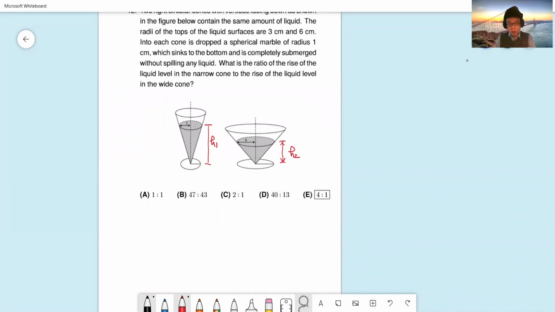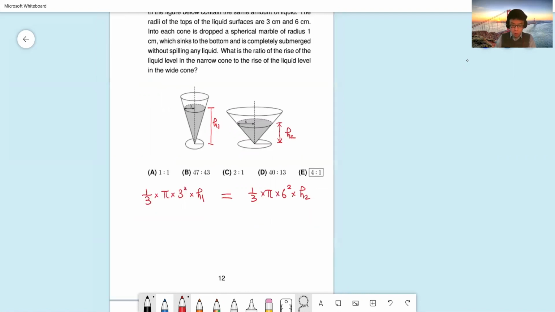Because they have the same volume, let's express the volume. For the first cone, we have the formula 1/3 times pi times radius squared times the height. That's the volume of the liquid in the first cone. The other is 1/3 times pi times 6 squared times h2, and they are equal. From here, we can solve for the ratio of h1 to h2.